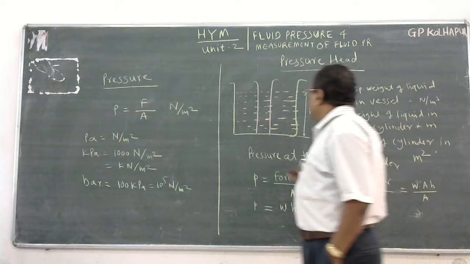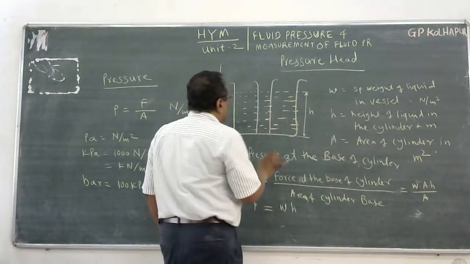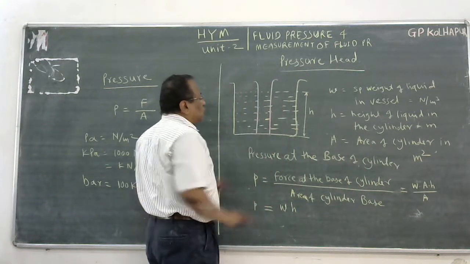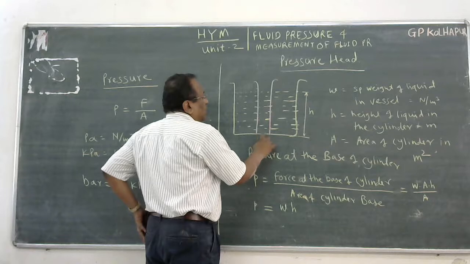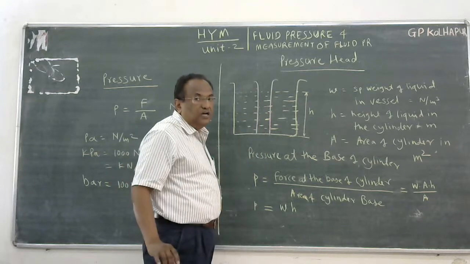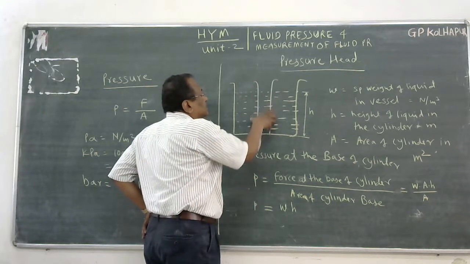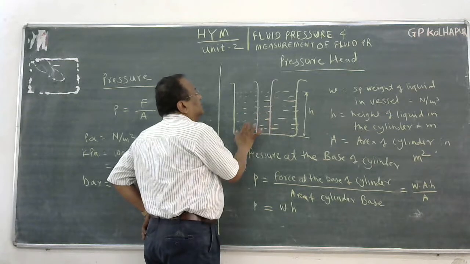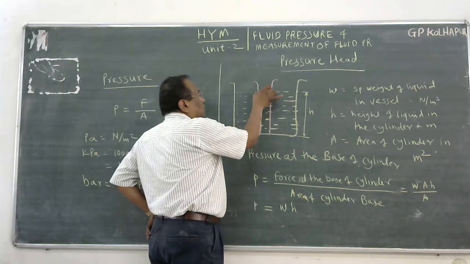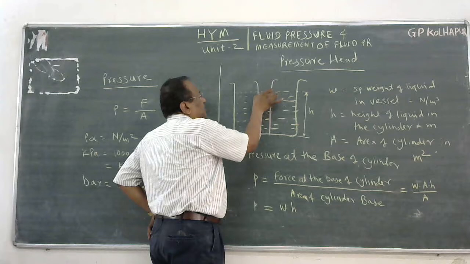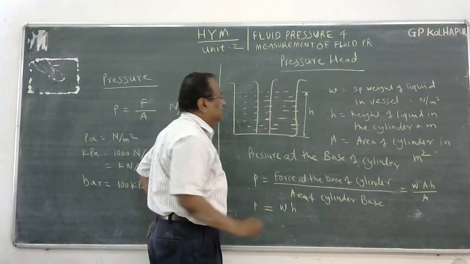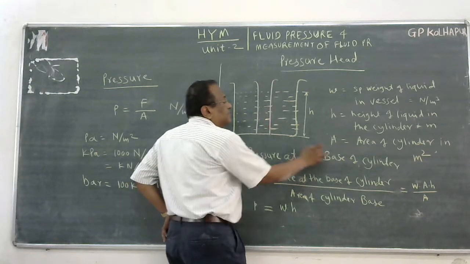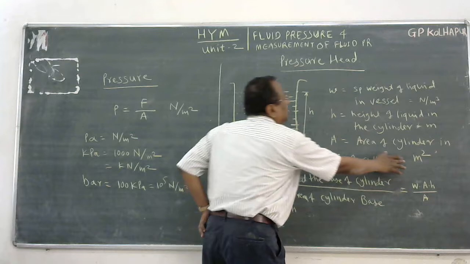Now take a cylinder of small diameter which is open from the bottom as well as from the top. It is placed in this container. Naturally, the liquid which is in the container will be there in this cylinder also. A is the area of the base of the cylinder in meter square.